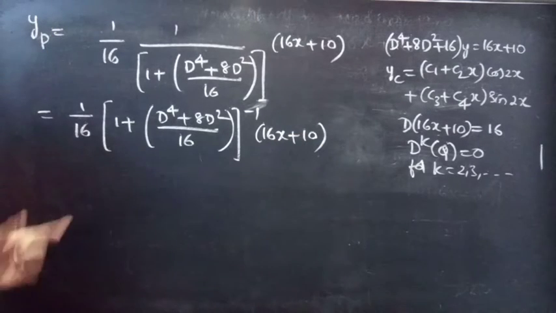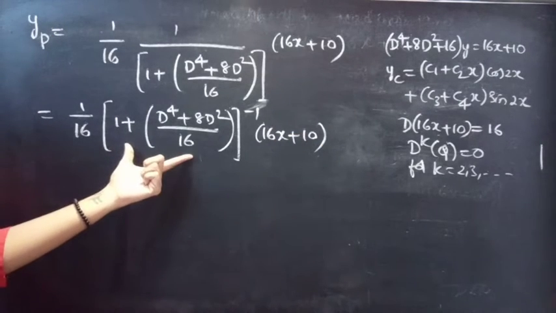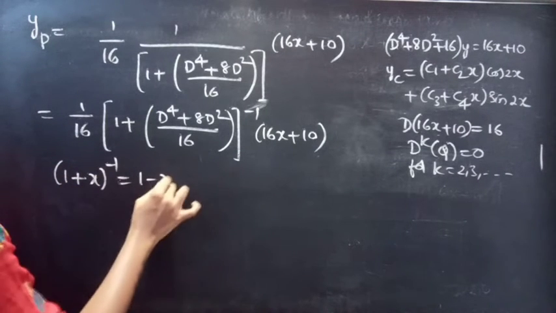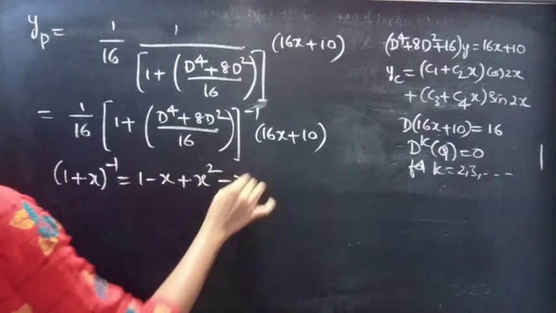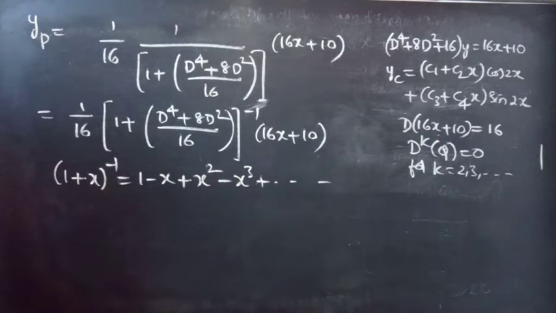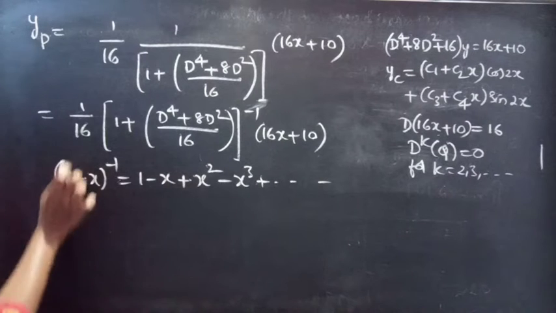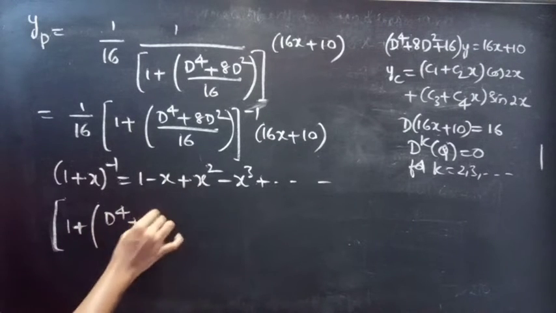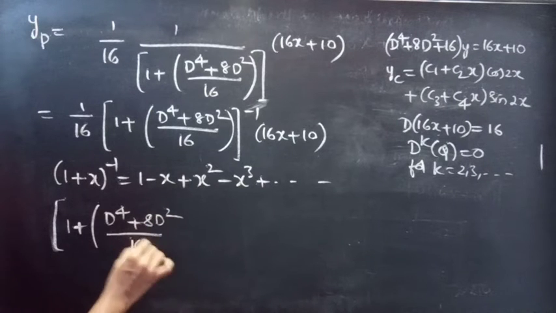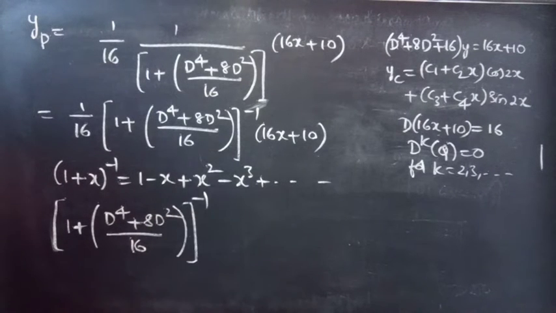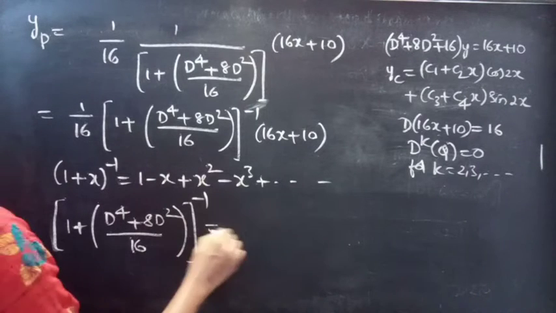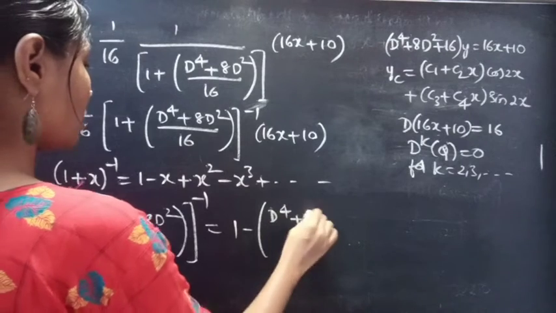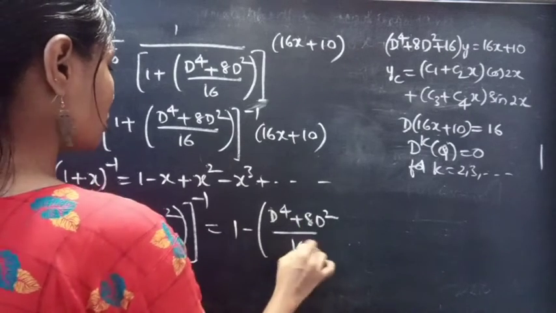So now we are going to perform the 1 plus x whole inverse formula. The binomial theorem formula is 1 minus x plus x square minus x cube plus so on, right? So we get 1 plus D power 4 plus 8D square by 16 whole inverse equals 1 minus x, D power 4 plus 8D square by 16.